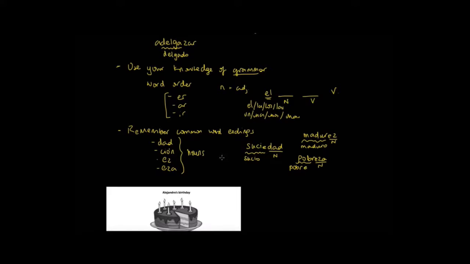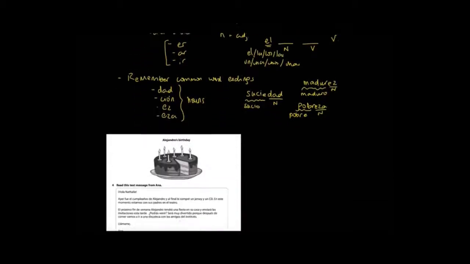Now let's start looking at our first question, which we've got down here. This is a type of question that some years will appear, and it can bring problems, but it really shouldn't if we know our stuff.